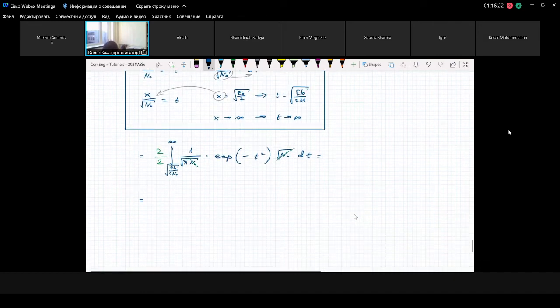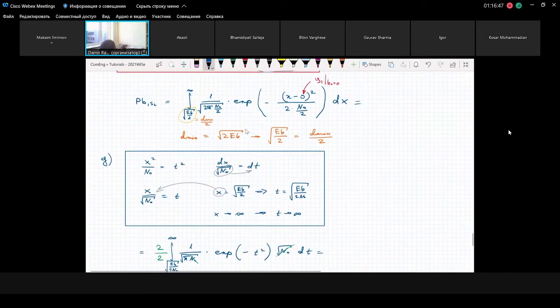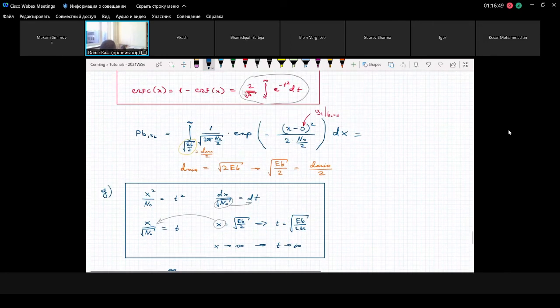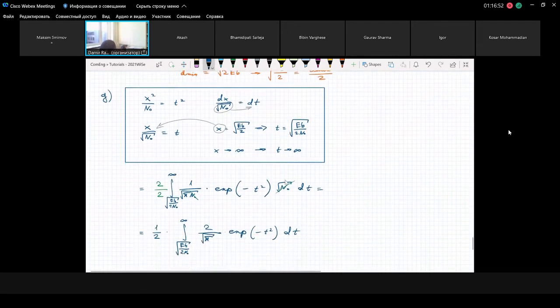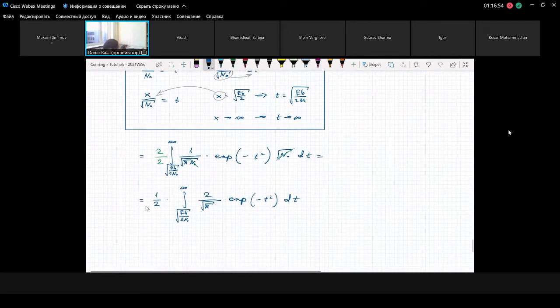So we have 1 over 2 times the integral from square root of EB over 2 N naught to plus infinity of 2 divided by square root of pi times the exponential function of minus t squared dt, and that's it. If you look at the definition for the complementary error function, it's exactly this formula that we have below, but of course except 1 over 2.